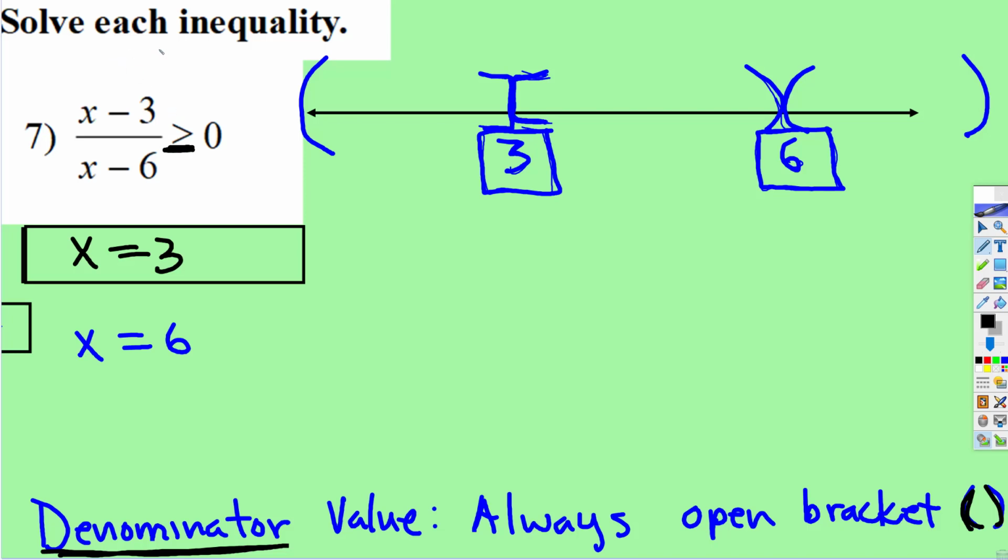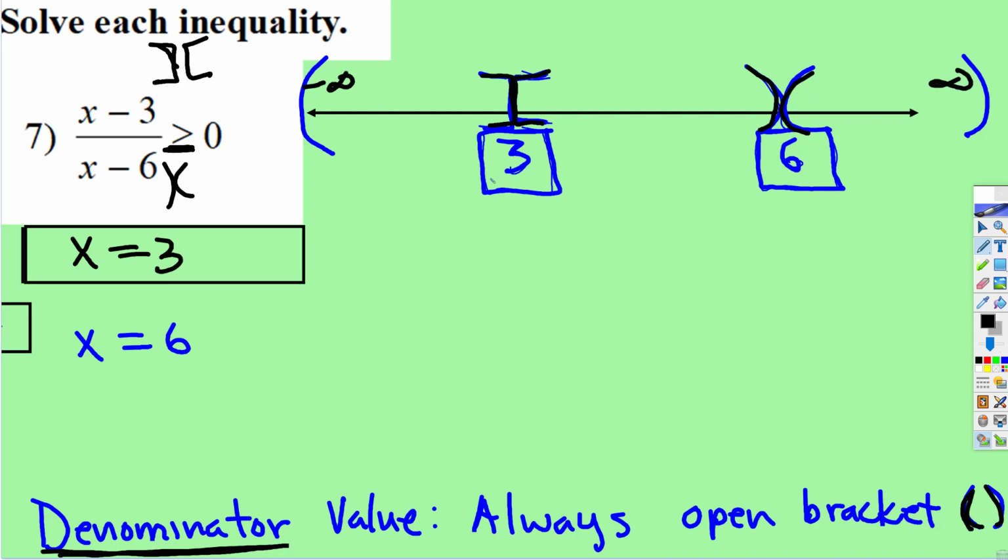Only the numerator gets the solid bracket. The denominator gets hollow brackets. So right there at positive 3, we can put square brackets in both directions. And at 6, we can put hollow brackets. And then this heads off to negative infinity. This heads off to positive infinity.